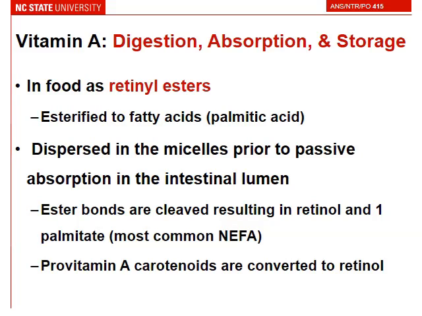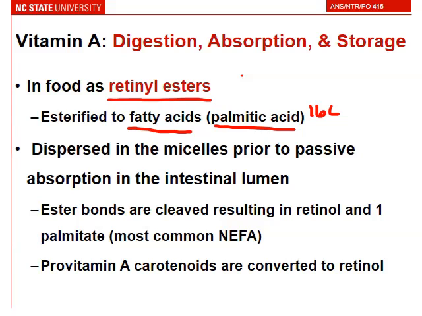So how do we digest vitamin A? As I mentioned before, it's in our food as retinol esters. So it's esterified to fatty acids, and the most common one here being palmitic acid, which is 16 carbons long.